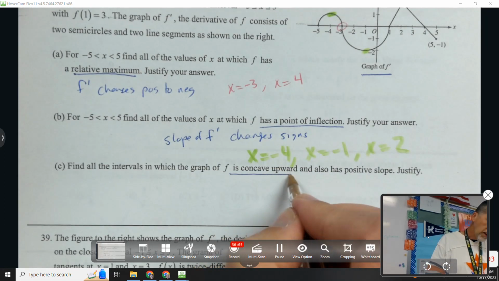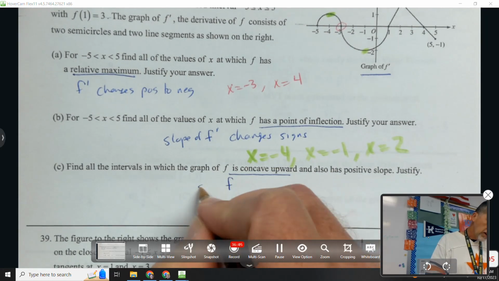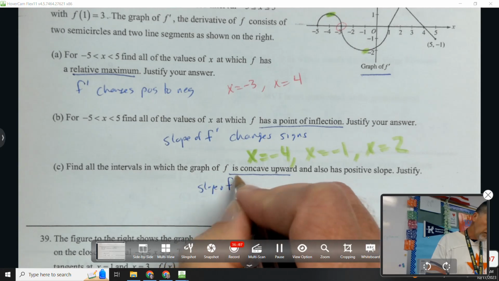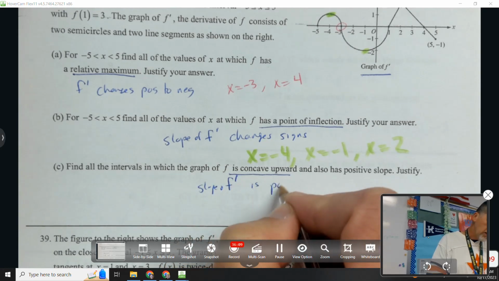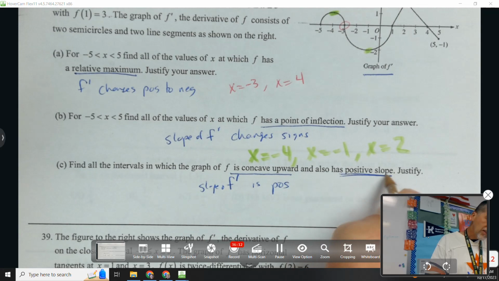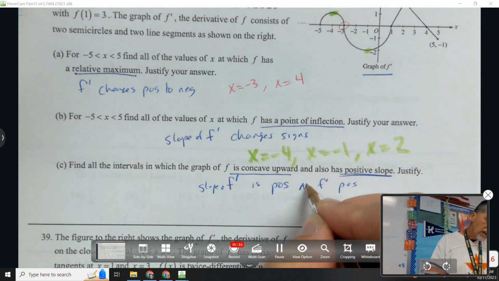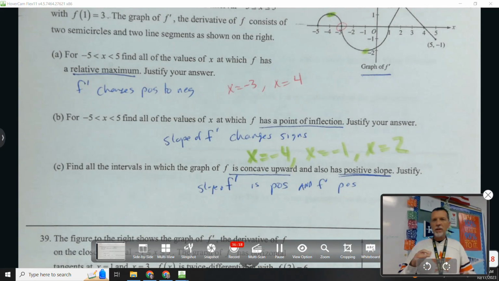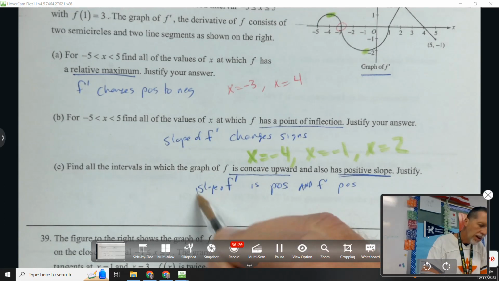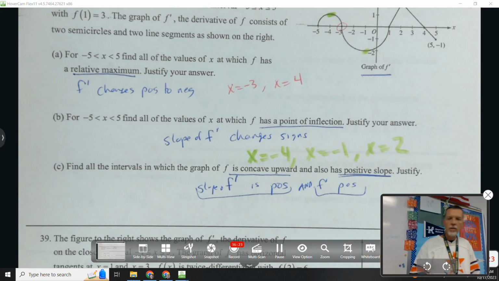Concave up, that would be where the slope of f prime is positive and f prime is positive. So this would be like that overlapping number line thing. I'd have to answer both of them and see where both of them are true.